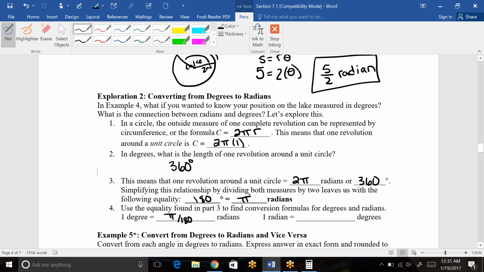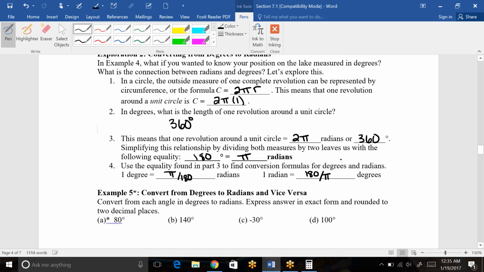If I want to go the other way, I want to make this a 1, so I need to divide both sides by pi in this equation. So this would be 180 over pi. So 1 radian is 180 divided by pi degrees. So we can multiply by these fractions to convert back and forth between radians and degrees.